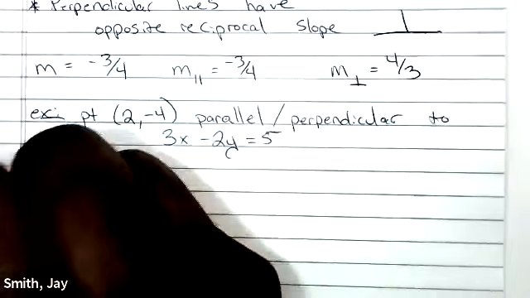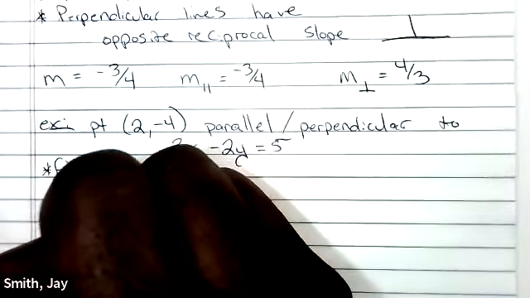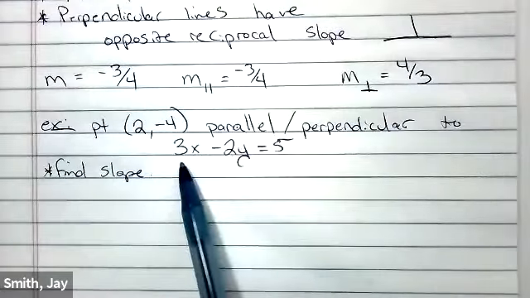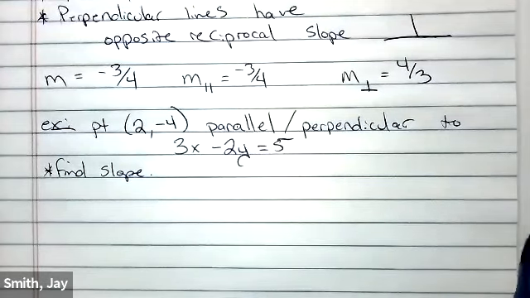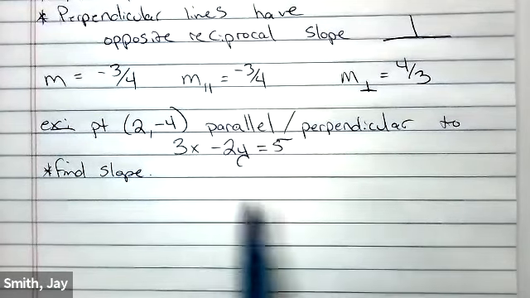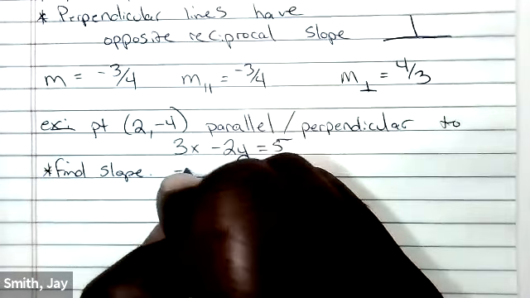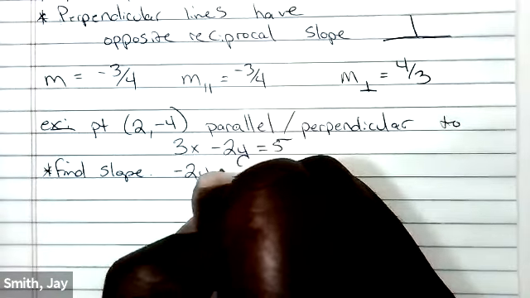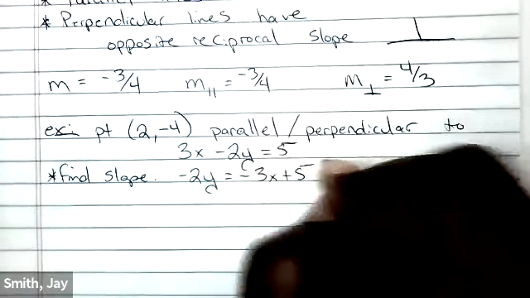So first thing we need to do is find the slope of the line given. If it's given to us in standard form, you can manipulate it, solving for y to put it in slope-intercept form, and the number in front of x is the slope. First thing I would do, move 3x to the other side by subtracting 3x. So it's going to give me -2y is equal to -3x plus 5.